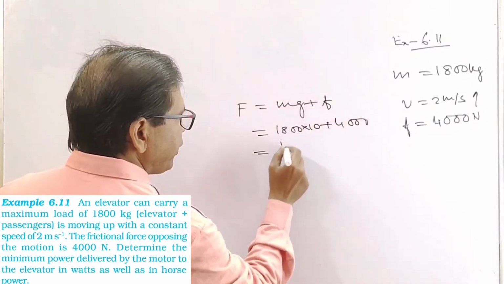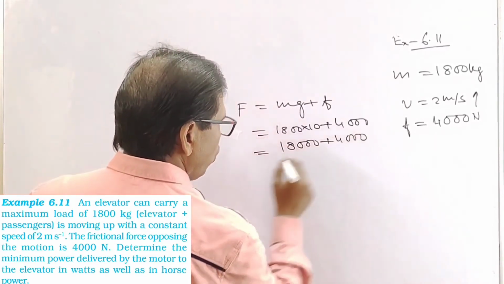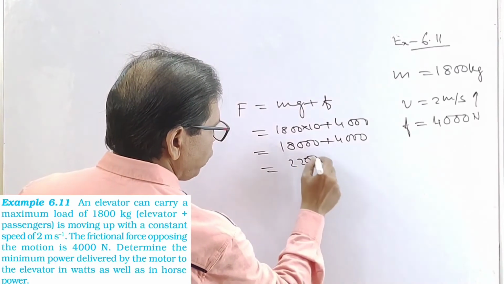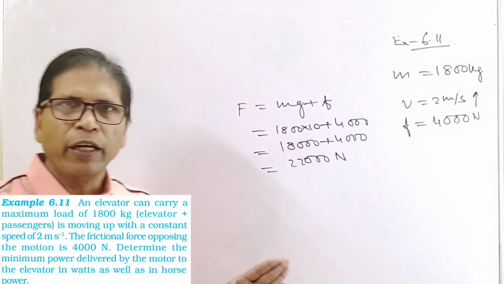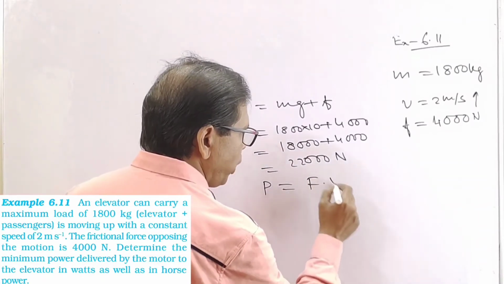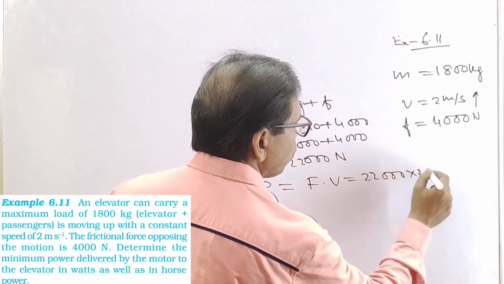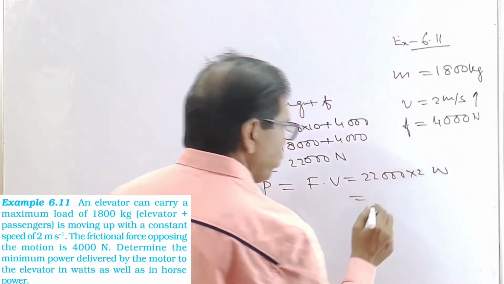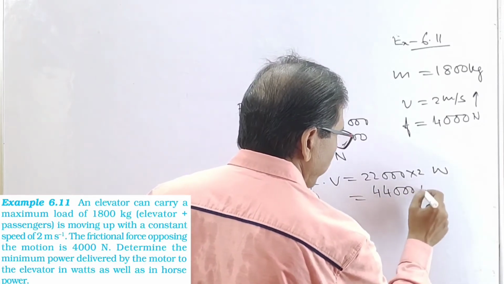Okay, so look at this, this is 18,000 plus 4000. So this is 22,000, the force acting in downward direction. Now power P equals force into velocity. So this is 22000 into 2. This is watt.